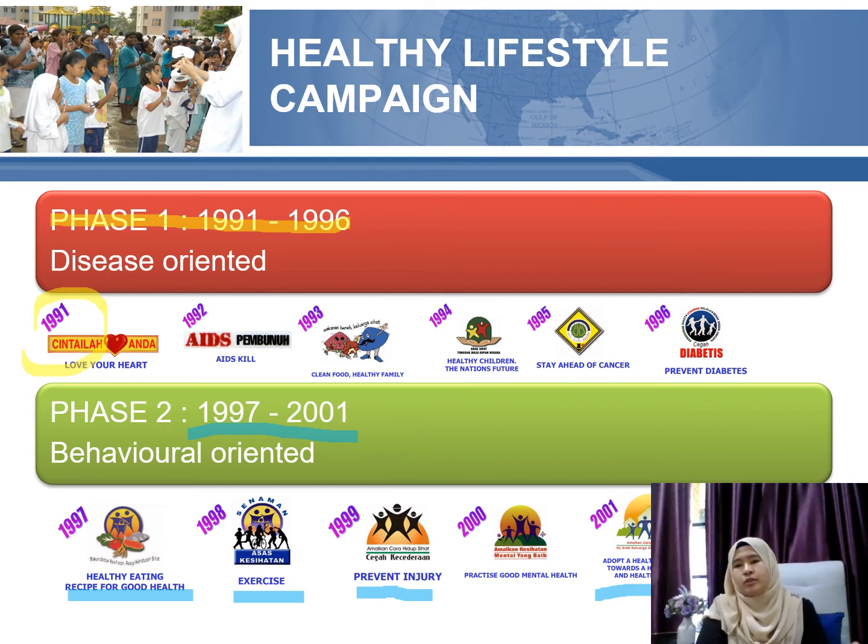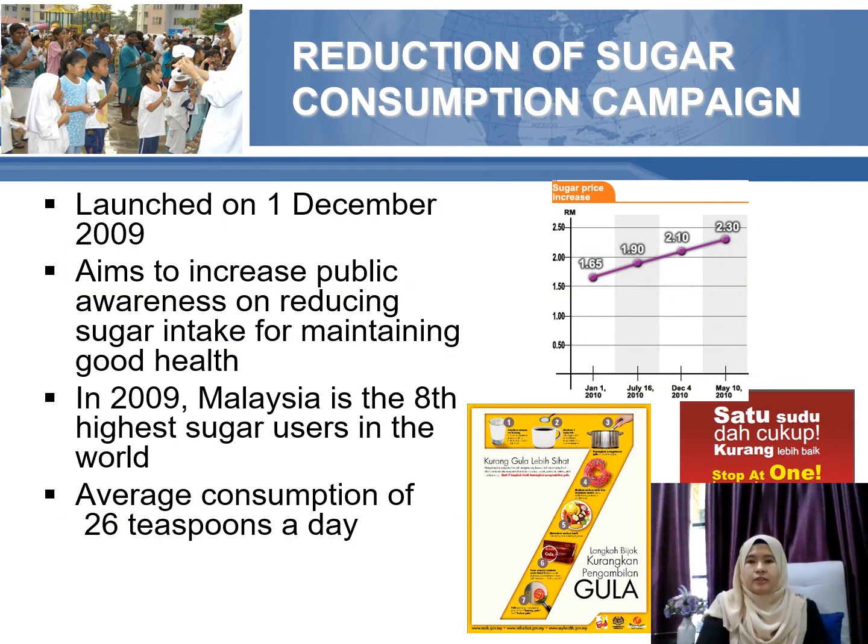So the Ministry of Health also moved towards a behaviorally oriented approach. This is also a campaign by the government, the reduction of sugar consumption campaign. It is one of the common risk factor approaches, targeting the risk factors.